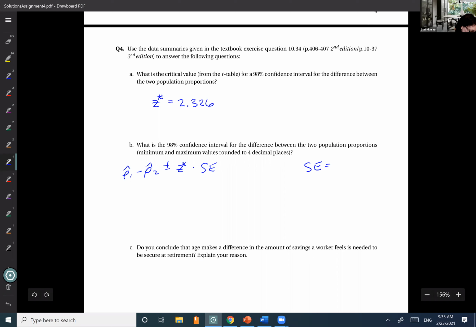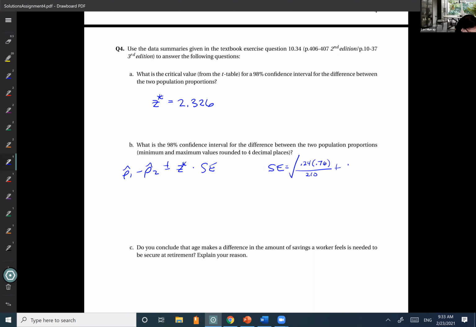I'm going to give myself a bit more room because I have a lot of values going in. So that's going to be equal to 0.24 times 0.76 divided by 210. These data come straight from the text.